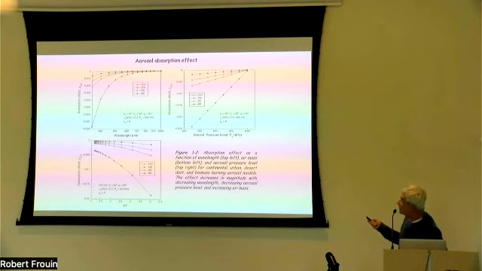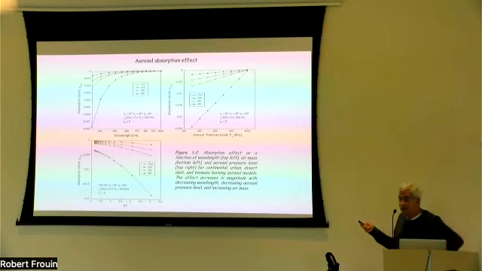Also, you can see here the effect of the aerosol altitude. So there is a very strong dependence on aerosol altitude. And this makes the problem more difficult because aerosol altitude is a parameter that we don't usually determine from remote sensing.